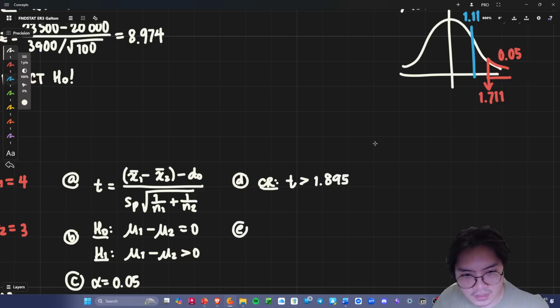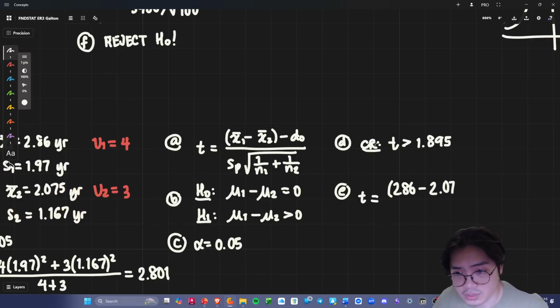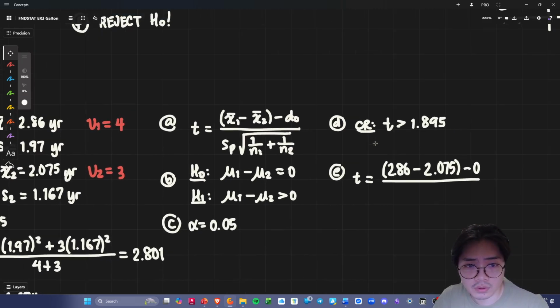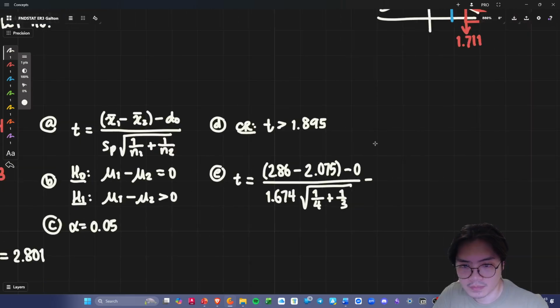Let's see, really does work. 2.075 minus 0, all over your SP, which is 1.64, times the square root of 1 over 4 plus 1 over 3.